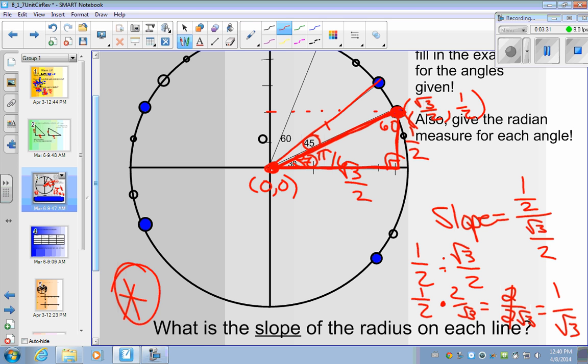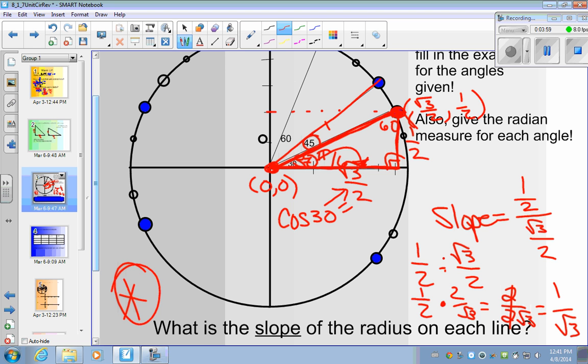But that slope is also something very important. So do you guys remember when you're talking about this angle, the adjacent side in SOHCAHTOA is what? Sine or cosine? Cosine, yep. So cosine of 30 is square root of 3 over 2.